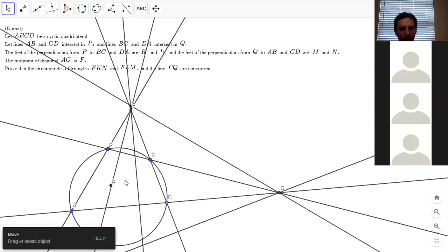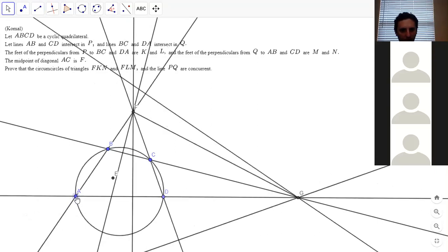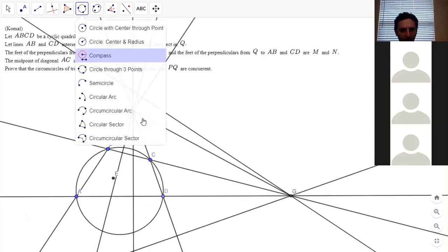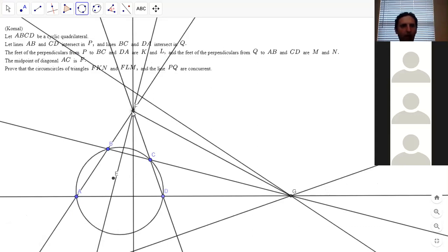So F, that's F. Okay, and then here would be the segment PQ. So we want to show that, so F, well no, I'm not even going to relabel the points.